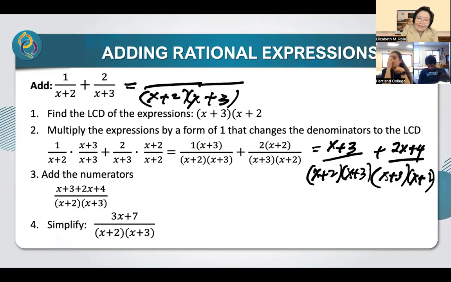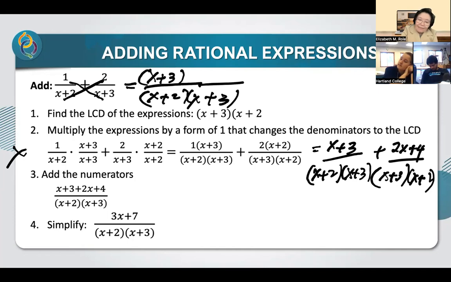So one way of doing it, skipping this part, I multiply this and that. So 1 times x plus 3 is x plus 3. I'm making only the long process to show you why it is so. Plus 2 times x plus 2 is 2x plus 4. And then you now go directly to adding. Isn't that much easier?